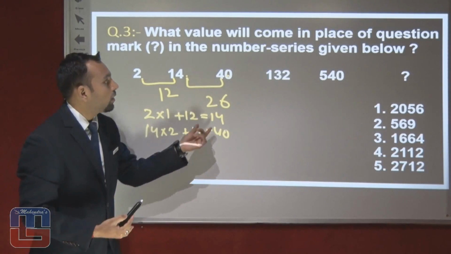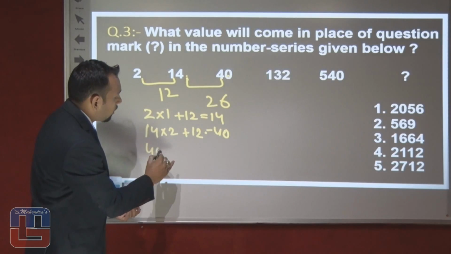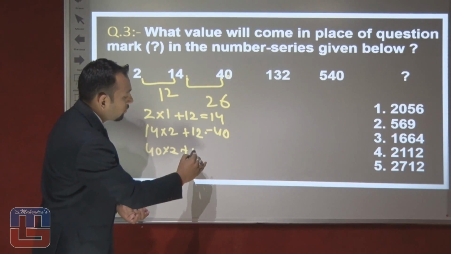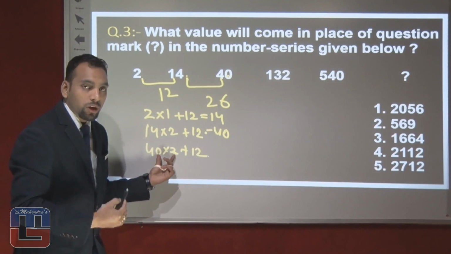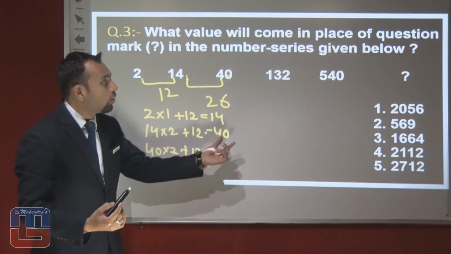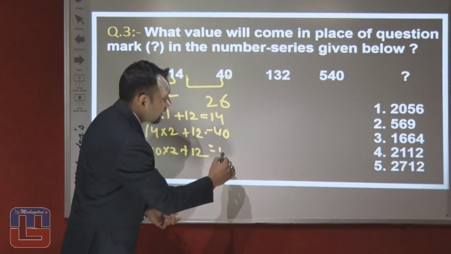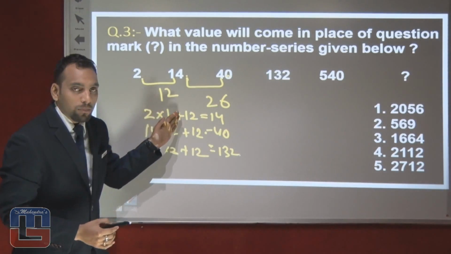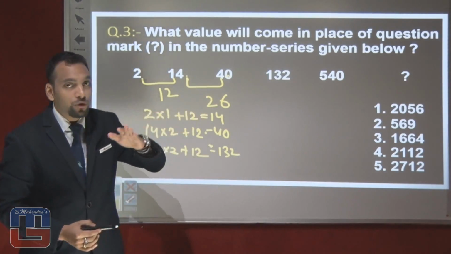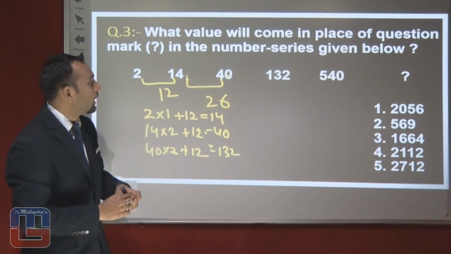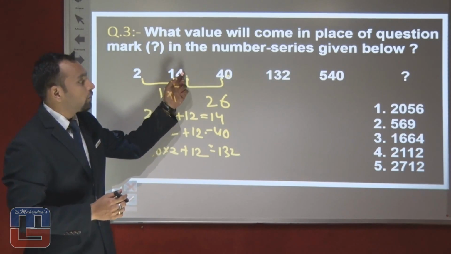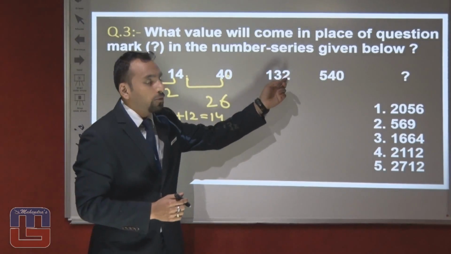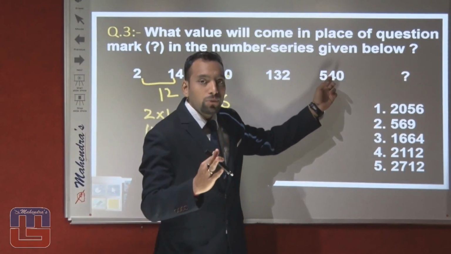So the next one will be, now see clearly, 40 into 3 plus 12. 40 into 3 will be 120 and plus 12 will be 132. So it is clear from this logic that the logic behind this number series is multiples 1, 2, 3 plus 12. So same here, if you have to find the value of the question mark, here the multiple of 1, multiple of 2, multiple of 3, multiple of 4, and here the multiple will be 5.